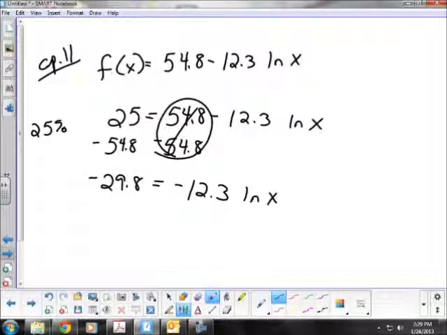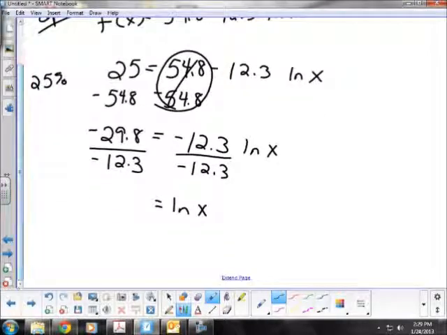Jeez, I'm good. All right. And then go divide by that negative 12.3. So we are back to a positive number. The ln of x is equal to whatever that is. It's more than 2. 2.42.